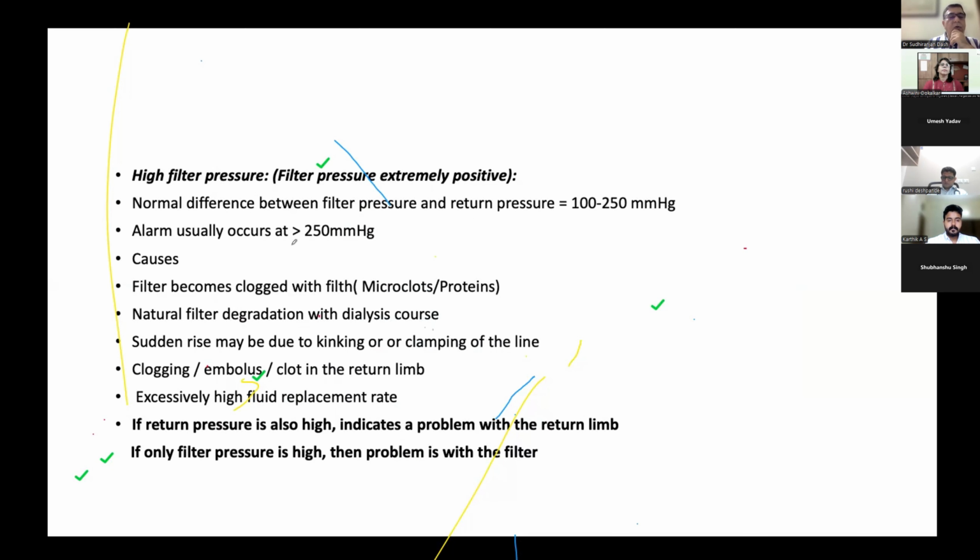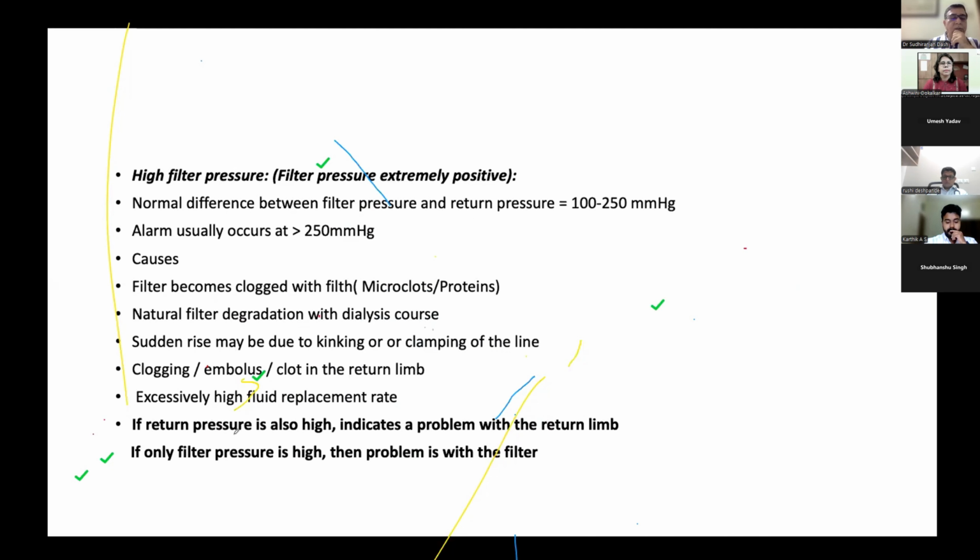It could be due to a clogged filter, or clotting of the filter, or any clamp before the filter or after the filter. That is possible, and if there is any excessive replacement fluid rate, then it causes more pressure over that area, so it causes high filter pressure.